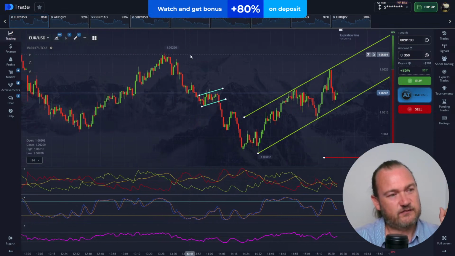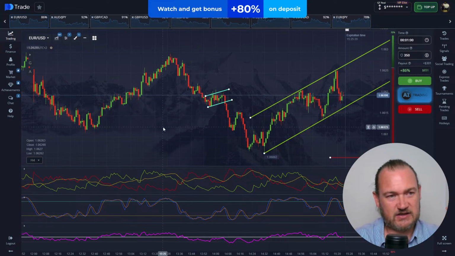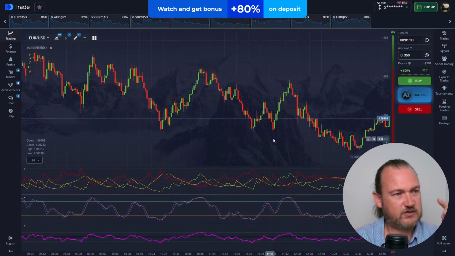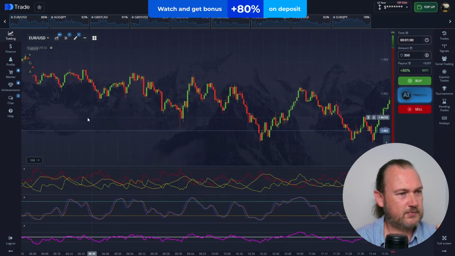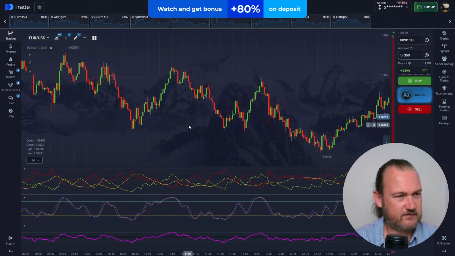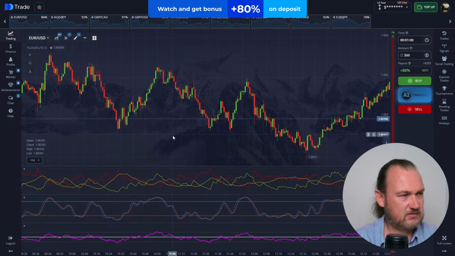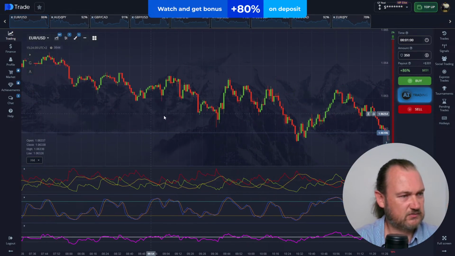So we have the example here of a bearish flag. Let's see if we can find one in any upwards momentum, or in an upwards move as well.